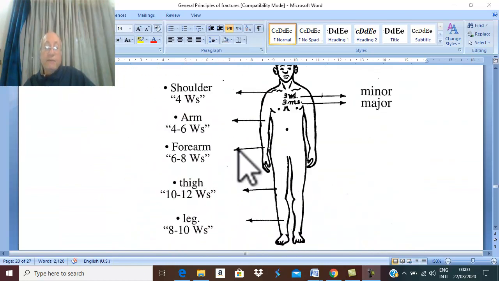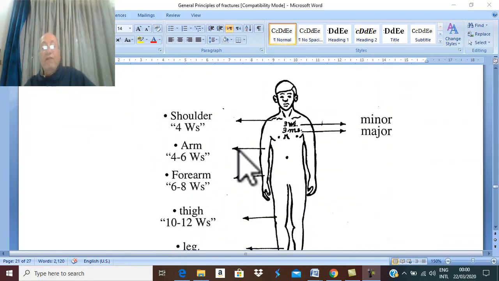What is the duration of application of plaster of Paris, and what is the time needed for fixation? What is the time needed for fixation of the fractures?